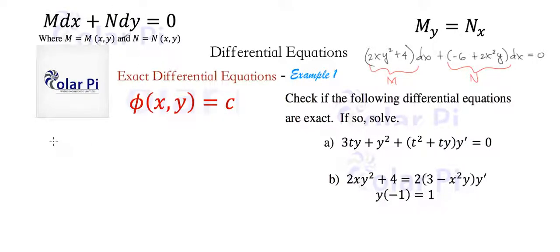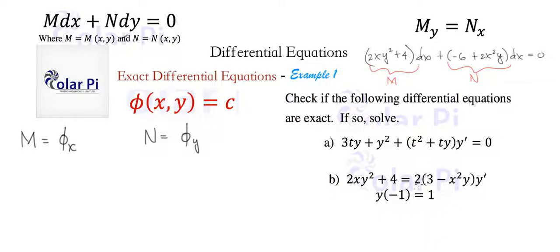And it turns out that m is equal to the partial with respect to x of phi, and n is equal to the partial with respect to y of phi.